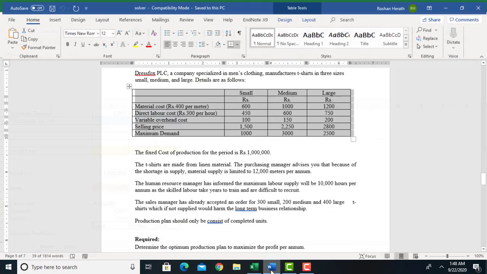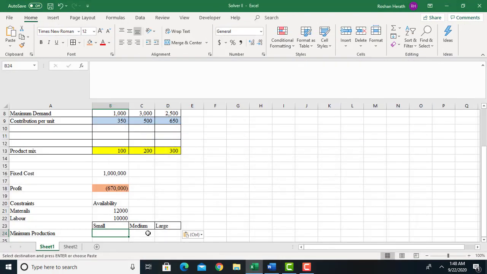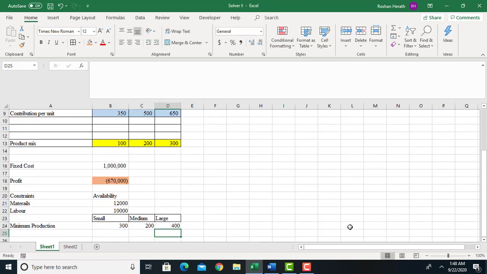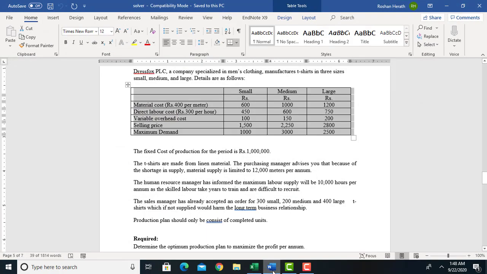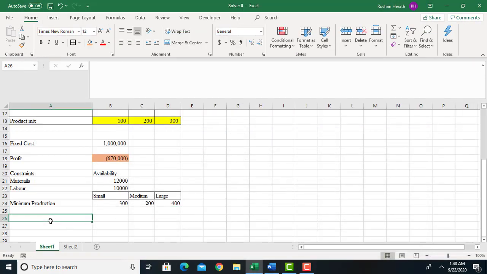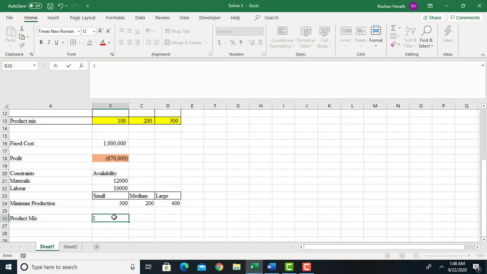It is given as respectively 300, 200 and 400. And also it says that the units need to be completed. So it suggests that product mix is an integer. Product mix is integer. You get that.